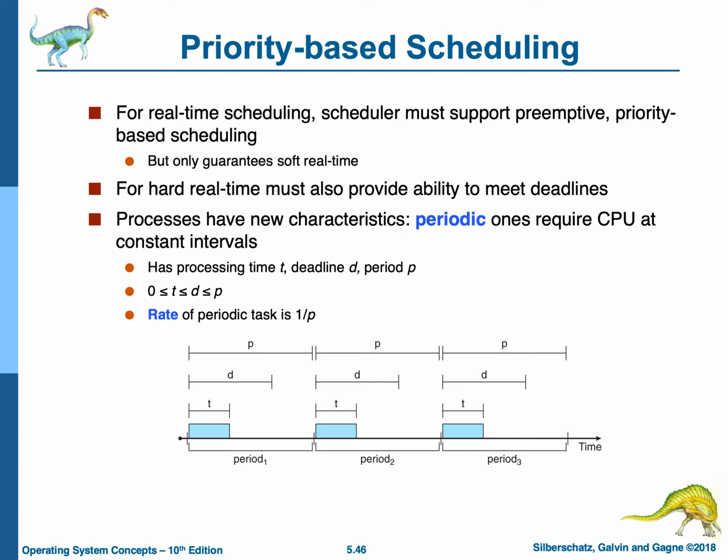Again, this is the soft real-time system. It is not a hard real-time system, and it only guarantees the soft real-time system, not applicable to hard real-time systems. Periodic means that a particular amount of time is associated with this process to happen.